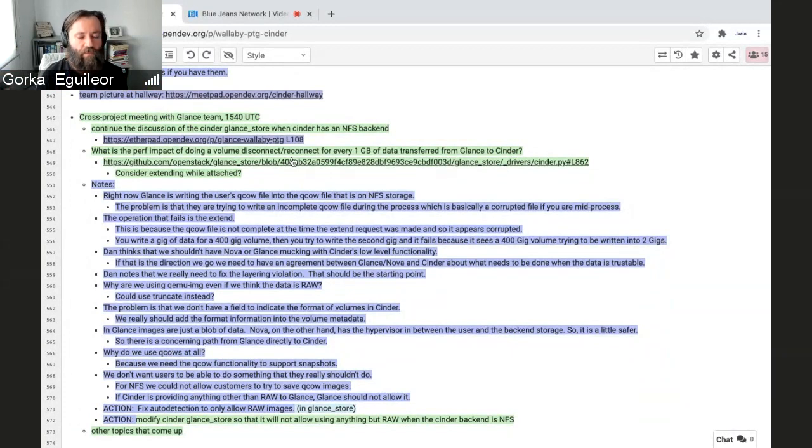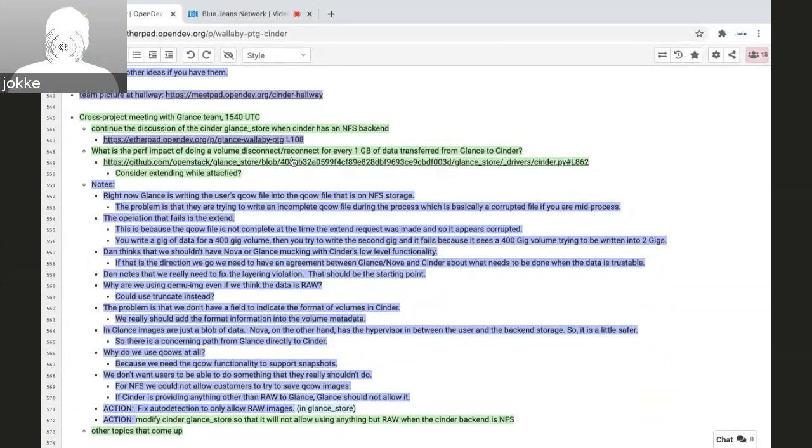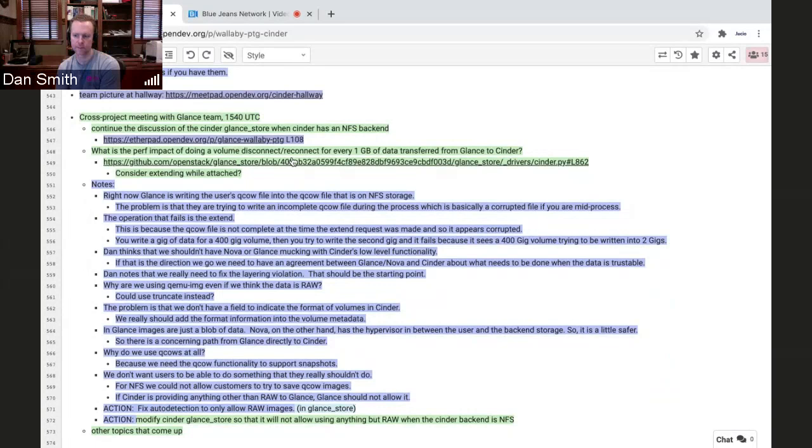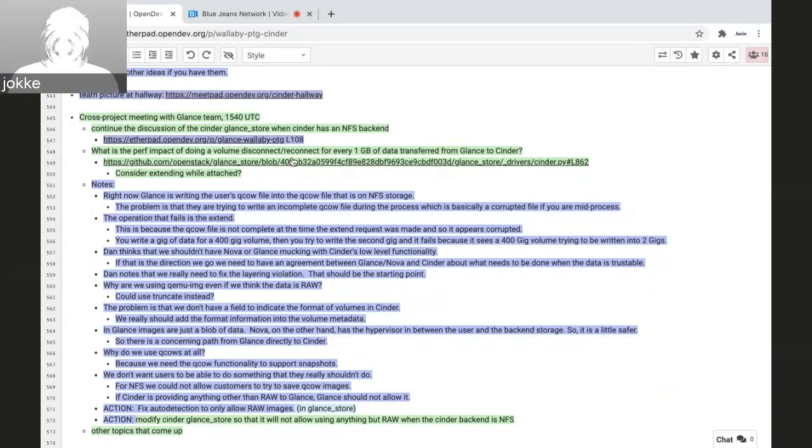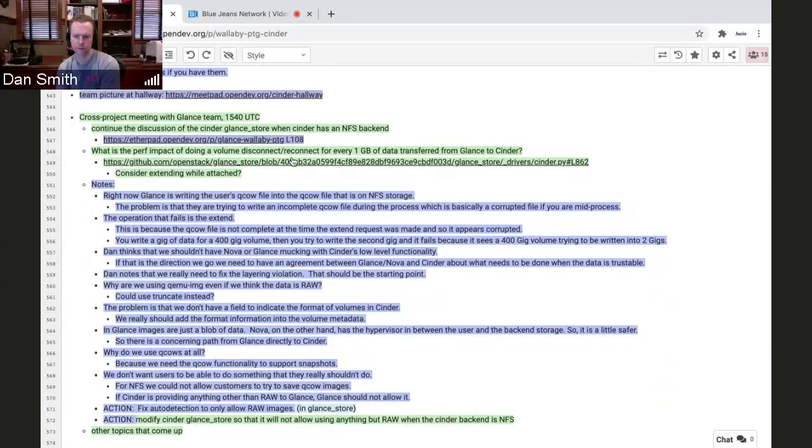It's like, really? So Gorka, how does it work if we store QCOW on, let's forget that we are talking about NFS, if we have a proper block device? How does the cloning work in that case when the image format is QCOW? You mean create volume from image? Yeah. I think it probably downloads it.